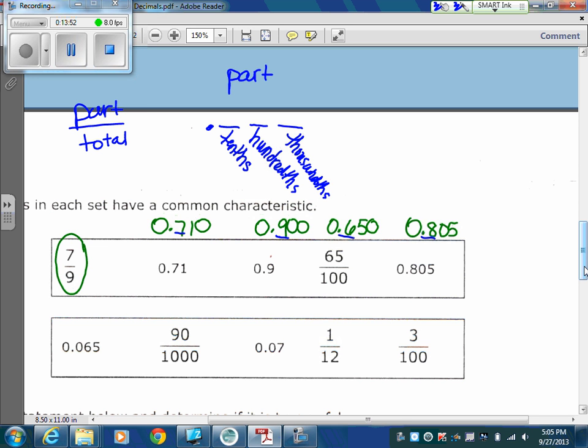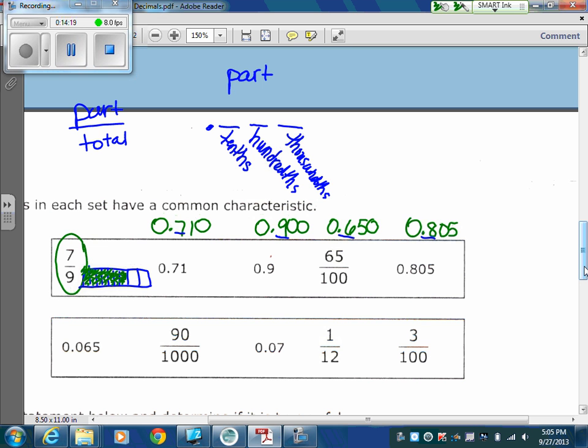So my 7/9, if I'm not sure what that is, I'm going to go back to my picture. If I had to draw a picture of 7/9, what would I draw? I would draw a picture with 9 boxes, and then I would color in 7. Look at my number that's colored in right here.